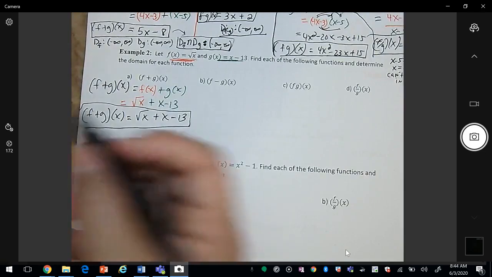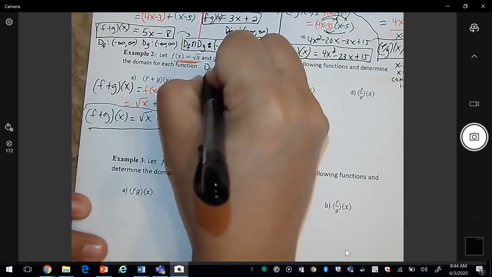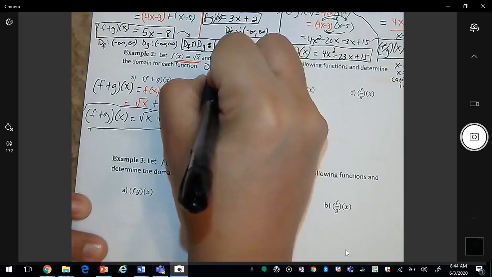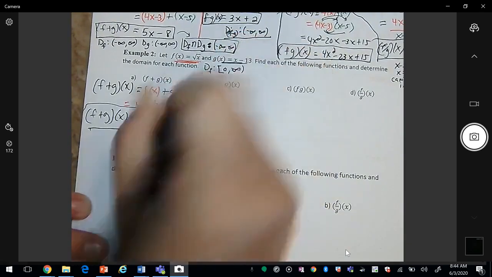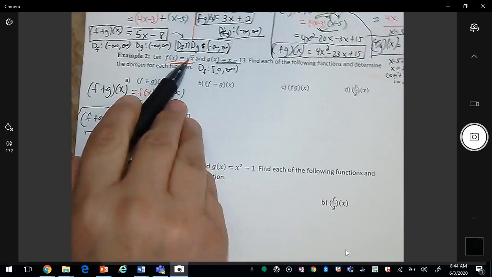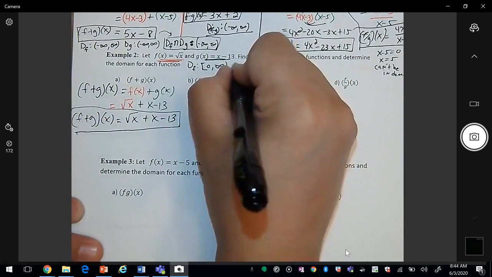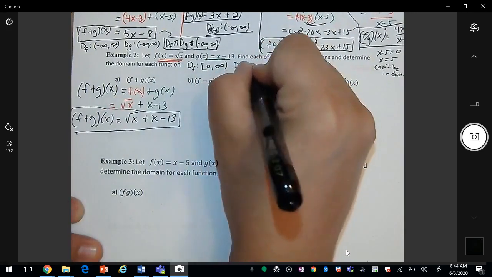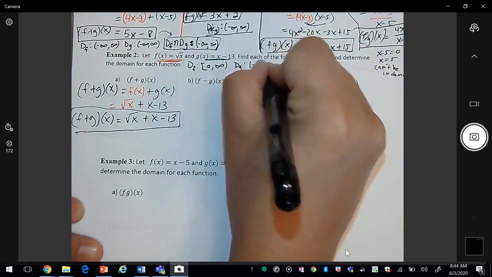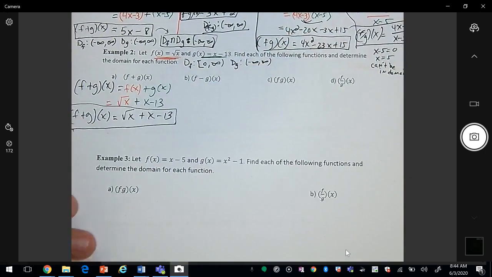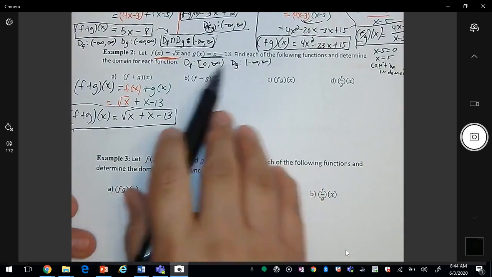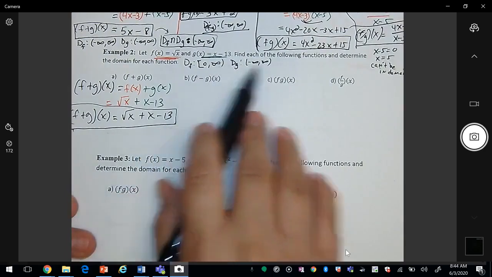So if we look at each domain separately, the domain of f here goes from 0 to infinity, because we have the square root of x, so that's going to be from x greater than or equal to 0. And then the domain of g is negative infinity to positive infinity. So if we look at these two domains, what they have in common is going to be from 0 to infinity.